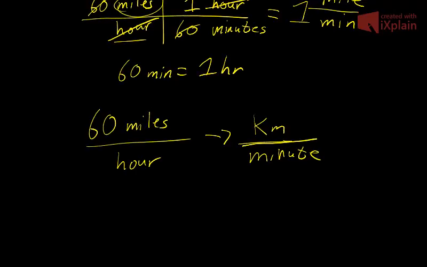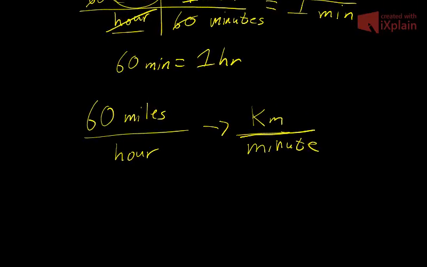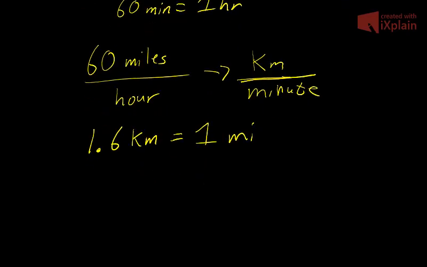So for this, I'm going to need two different things. My relationship between miles and kilometers, because I want to get from miles to kilometers. And I can tell you that 1.6 kilometers is equal to 1 mile. And we still need to know our relationship between hours and minutes, so 60 minutes equals 1 hour.